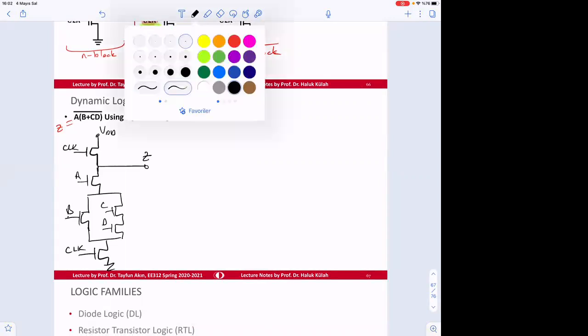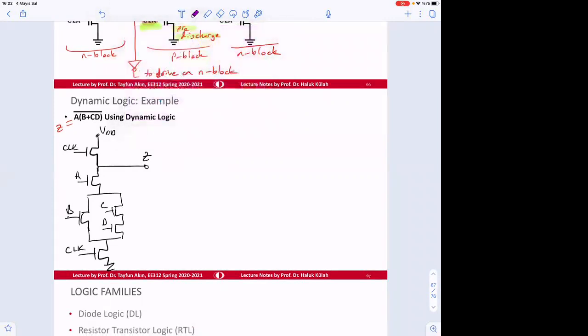So if you want to combine this, let's make this a little bit more interesting. Okay, so let's say this is Z block, which gives us Z. And then A, B, C, D here. Okay, and let's, sorry.